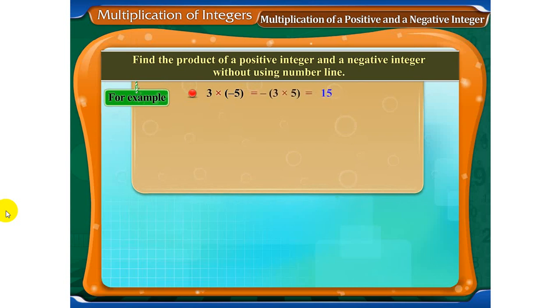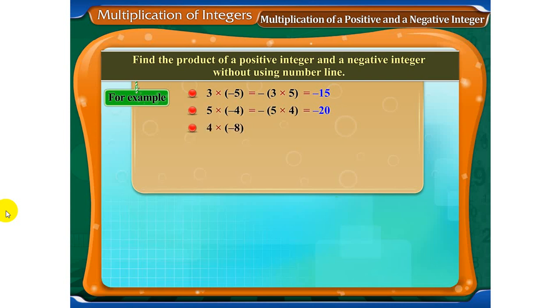First find 3 multiplied by 5 and then put a minus sign before the product obtained. You get negative 15. That is, we find minus 3 multiplied by 5 to get minus 15. Similarly, 5 multiplied by negative 4 is equal to minus 5 multiplied by 4, which is equal to negative 20.